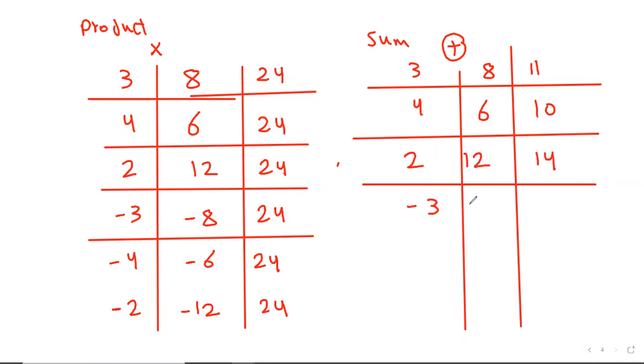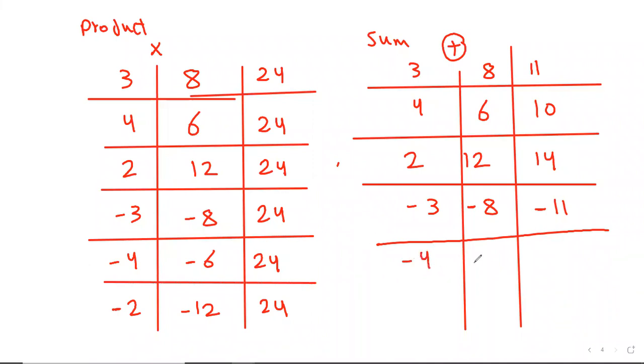And negative 3, negative 8. When multiplying them, you will get 24. When adding them, negative 3 plus negative 8 is negative 11. What about negative 4 and negative 6? When multiplying them, negative times negative is positive, and 4 times 6 is 24.